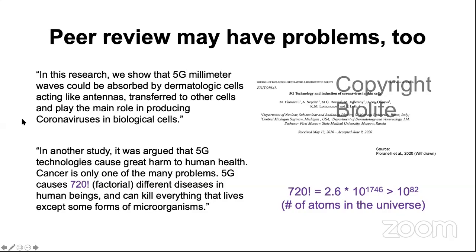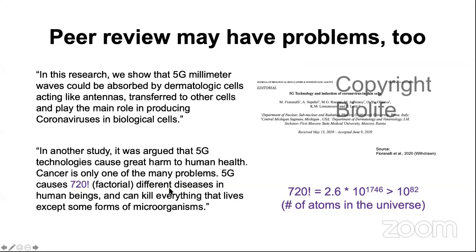So basically, the researchers are saying that cell phone signals are a trigger for some sort of mysterious production of COVID-19 within the human body. And this is simply an absurd claim. It is still very, very surprising to me that this paper was able to pass through peer review. And this is such a prime example of how peer review can be flawed sometimes.